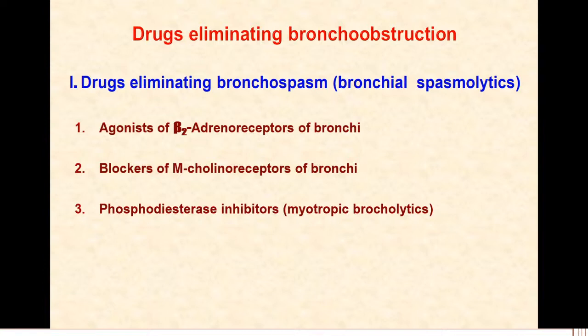That is why we see that the first group acts via increase of cAMP and the third mechanism acts via increase of cAMP. But the second group of drugs acts via decrease of cGMP.